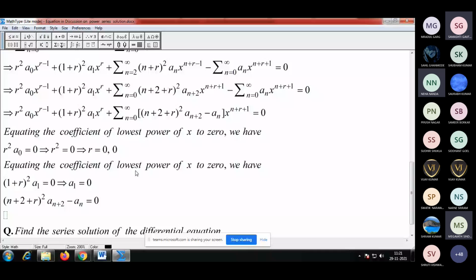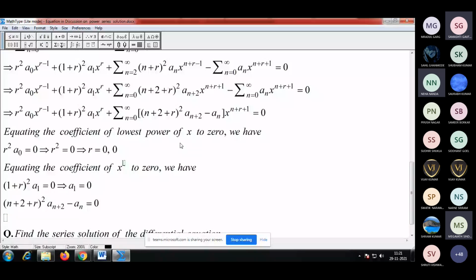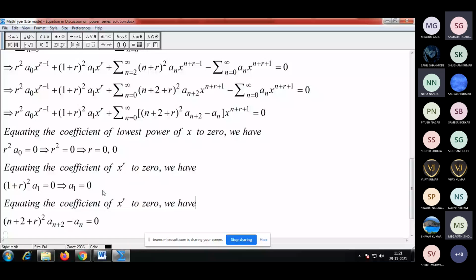Now we are going to equate the coefficient of x to the power n plus r plus 1. We have like this one.